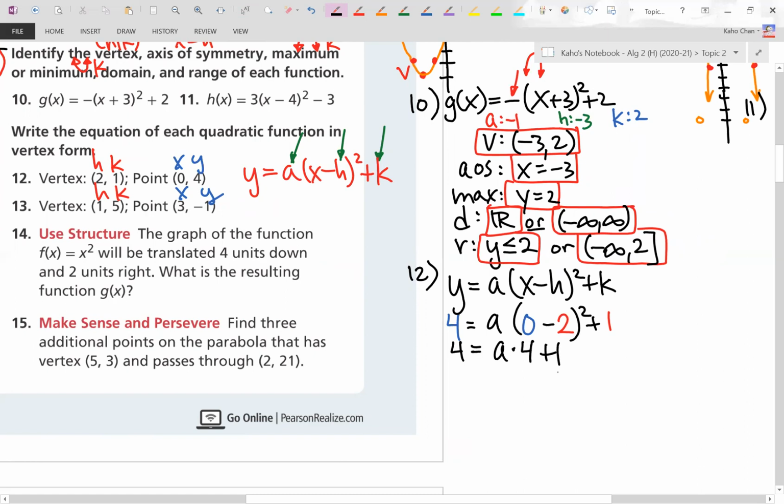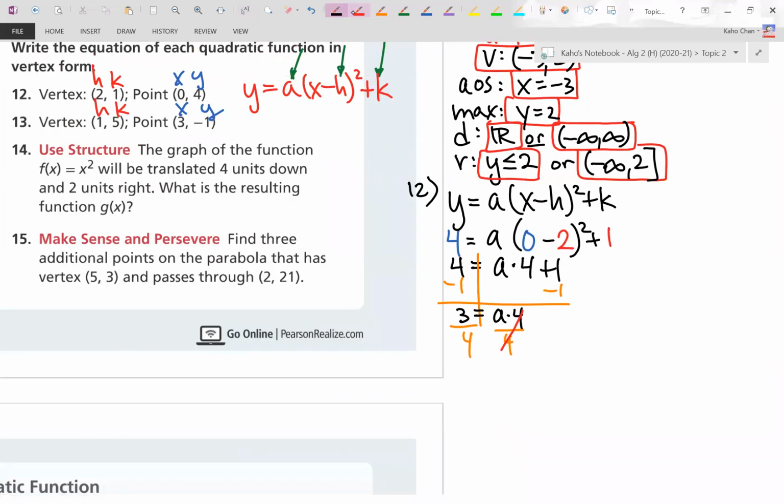Okay, great. Go ahead and subtract 1 to both sides. Oh no, we have a fraction, no! Divide 3 by 4. Sorry about that, looks kind of funny. a equals 3/4. Which means I'm done, yay.